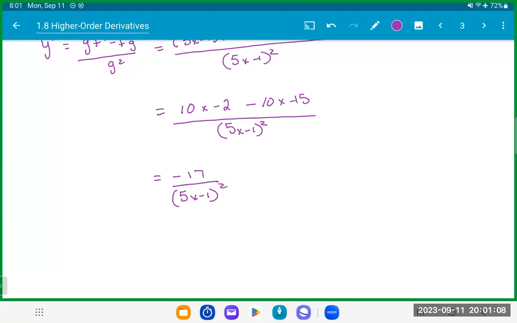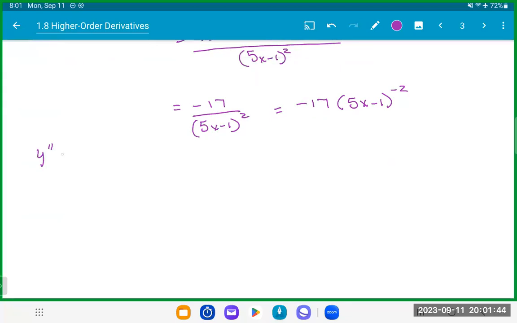Let's go ahead and put that in a different form because we want to do our second derivative, and if we leave it in this form, then our f function is negative 17, our g function is this 5x minus 1 squared. But if we rewrite this as negative 17 times 5x minus 1 to the negative 2, we can now use the extended power rule instead of having to use the quotient rule, which would also use the extended power rule. Okay, so it'll save ourselves some steps.